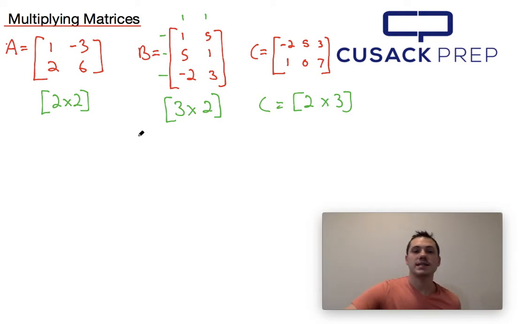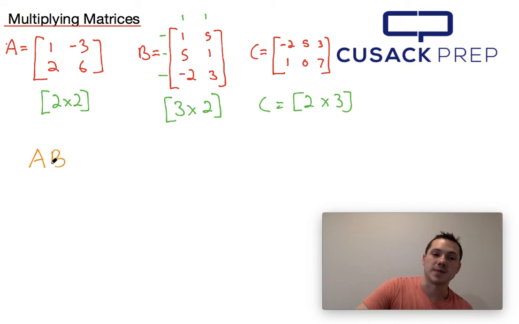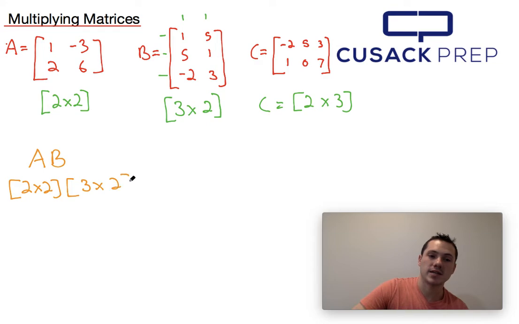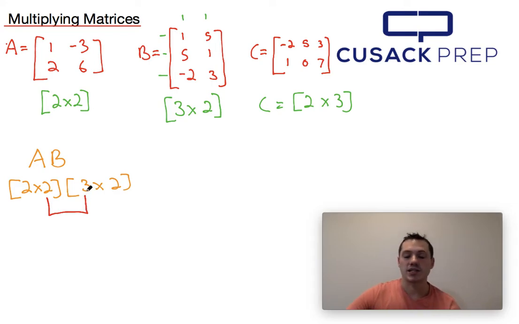For example, let's say I wanted you to find the product of matrix A times matrix B. Well, we actually can't do this because matrix A is a 2 by 2 matrix. When multiplied by matrix B, a 3 by 2 matrix, the columns of the first matrix do not match the rows of the second one. And this is a helpful little tool.